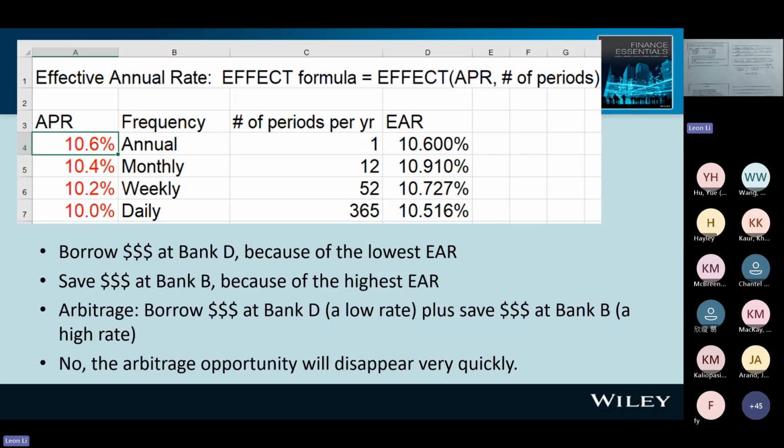The reason is, when you borrow the money at the low rate, with more borrowing the low rate will go up. On the other hand, if you invest the money at the high rate, with more saving the higher rate will go down until they balance. So the arbitrage opportunity will disappear immediately if the market is efficient.